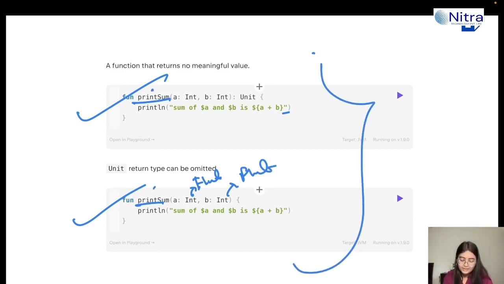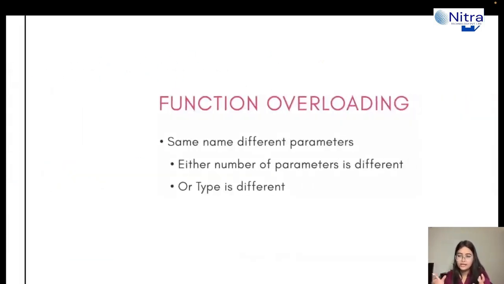The name of the function is the same, but either the parameter type differs, or the number of parameters differs, like a, b, you can have one more, c, here. So either the number of parameters is different or the type of the parameter or the return type is different, then that will be a function overloading example.